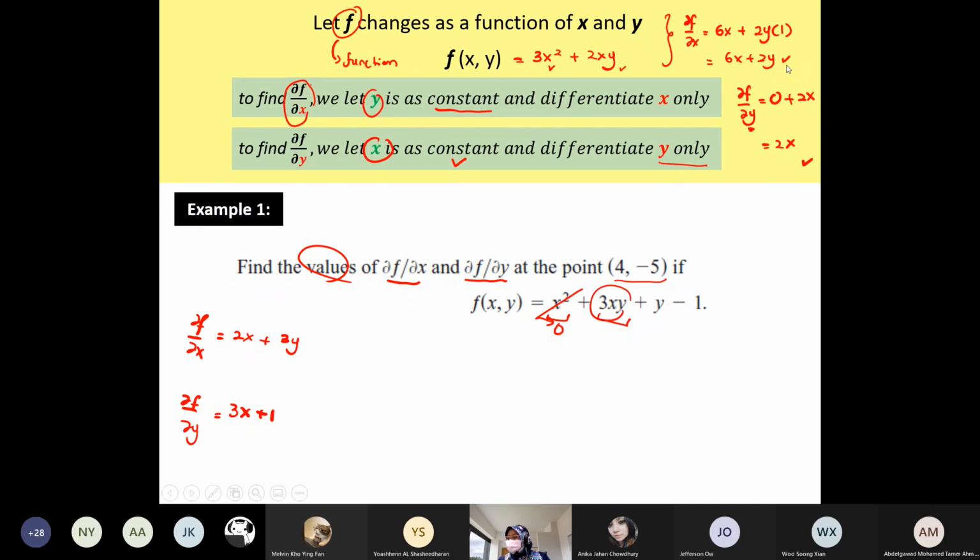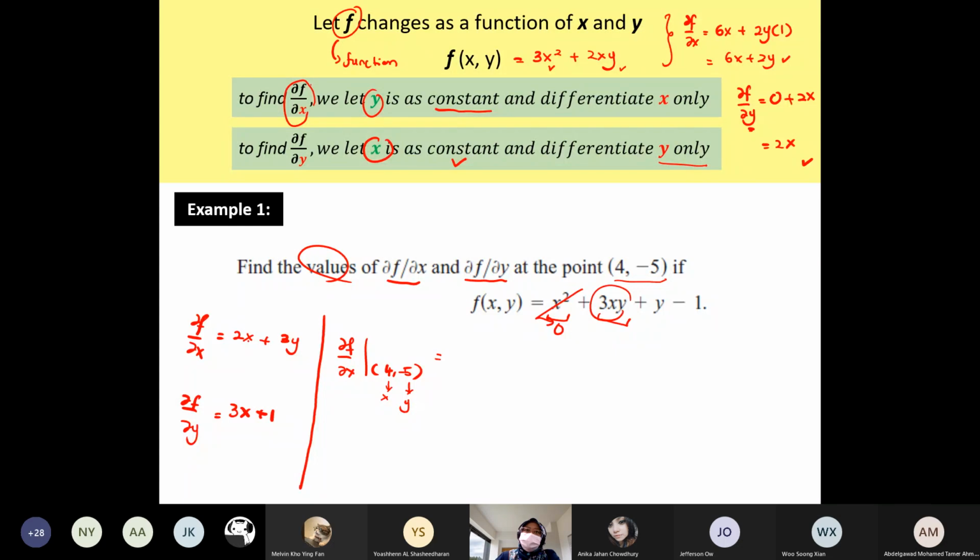Okay, so from here you substitute, because we want to find the values of df over dx at point (4, -5). You know that this 4 is for x, this -5 for y.